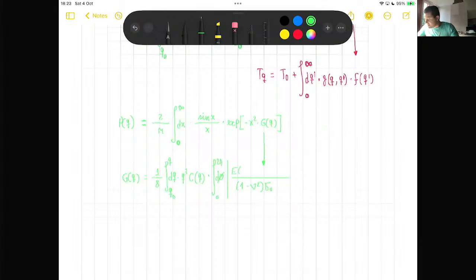And this elastic modulus is also a function of q cosine phi and T, the temperature according to the wave vector. Close parenthesis, close modulus, and this is to the power of 2.